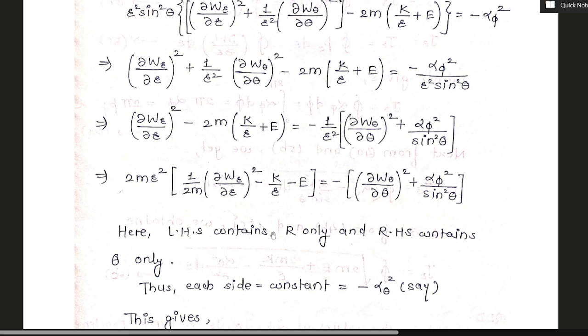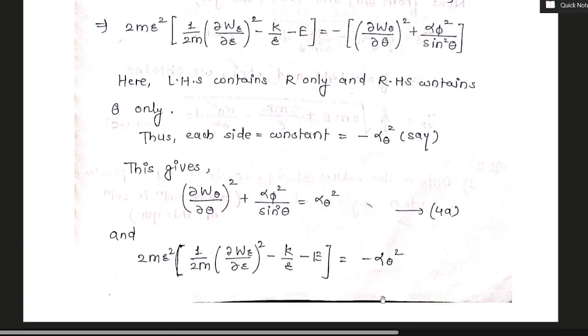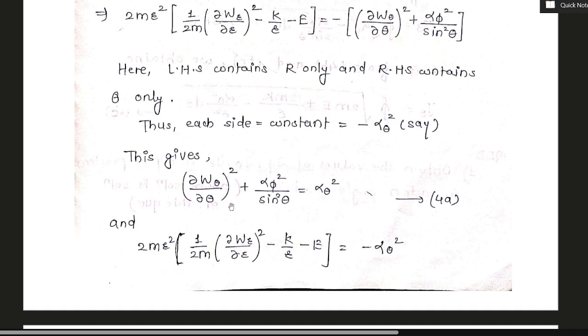Here the LHS contains r only and the RHS contains theta only. Thus each side equals a constant, which we consider as minus alpha_theta squared. This gives (del W_theta by del theta)^2 plus alpha_phi^2 by sin^2 theta equals alpha_theta squared, and this is our equation number 4a.